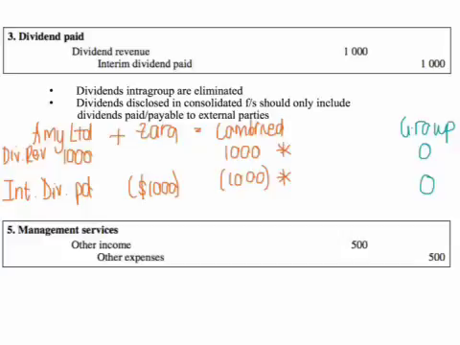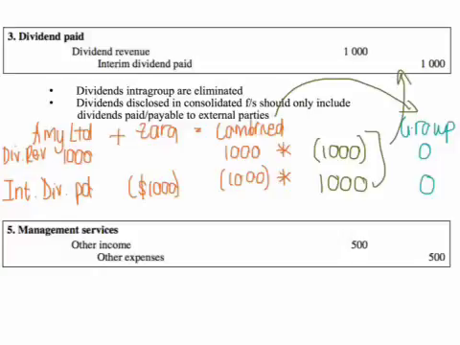And the adjusting entry should be to move us from the combined results to what it should be for the group. So the dividend revenue should be reduced by $1,000, as well as the dividend paid line item. And this is exactly the adjusting entry that we'll post.